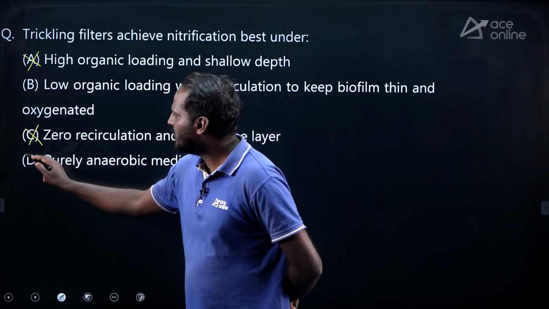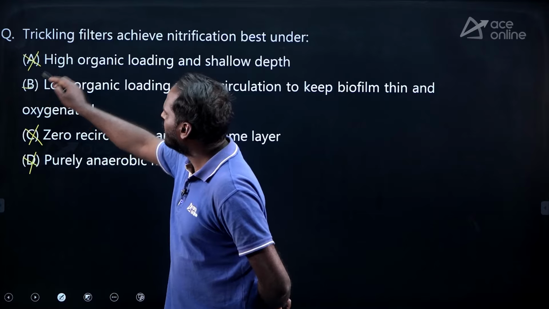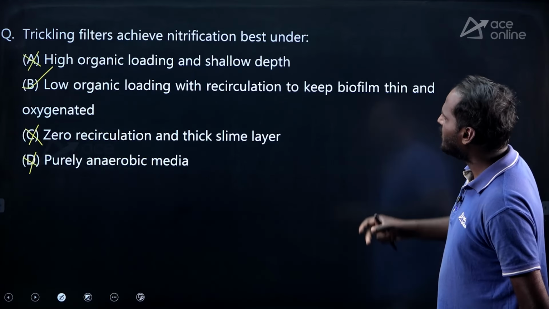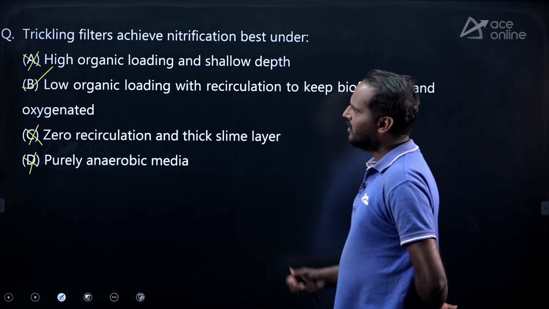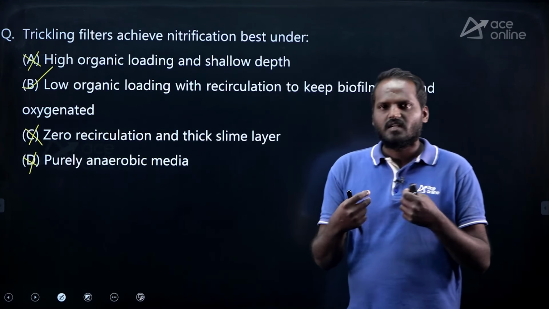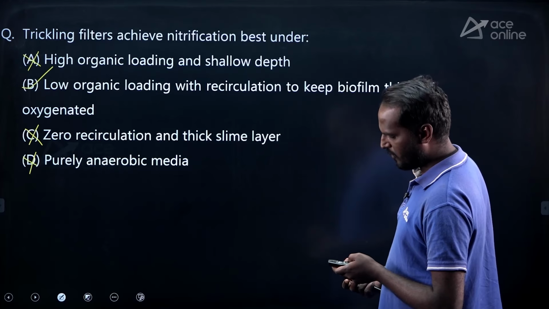Therefore, option D is also wrong. The best option among these is option B: trickling filter achieves nitrification best under low organic loading with recirculation to keep biofilm thin and oxygenated. This is the correct option. You need to understand things conceptually before answering any particular question.